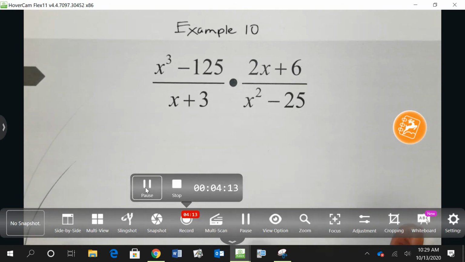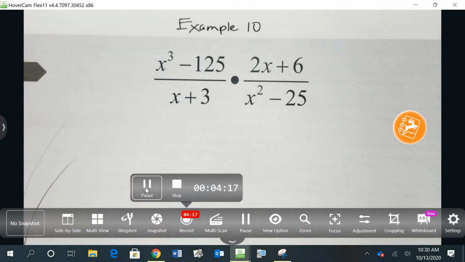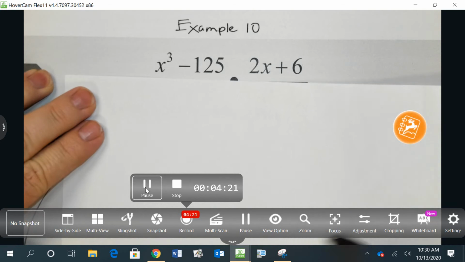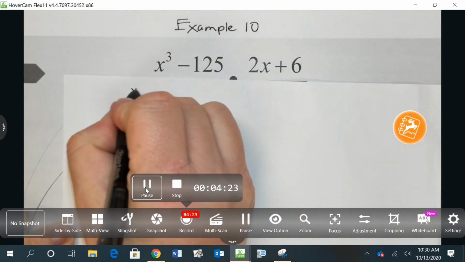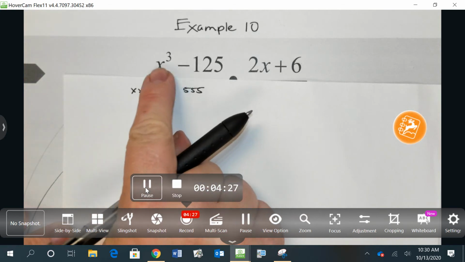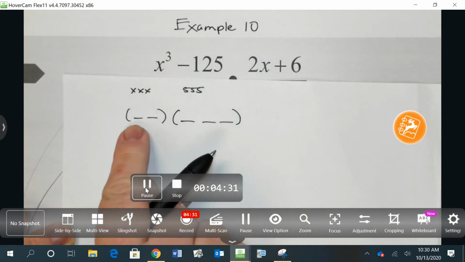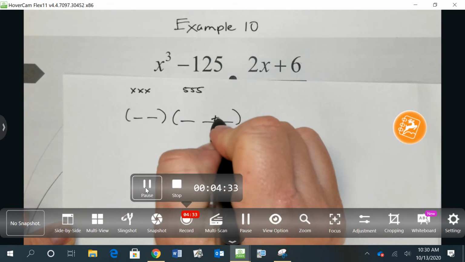Example number 10. Okay, notice that if I'm going to come off to the side here, and I factor this, this is x, x, x, 5, 5, 5. So I'm doing the difference of cubes here. 2 terms in the first, 3 terms in the second. This is always positive.